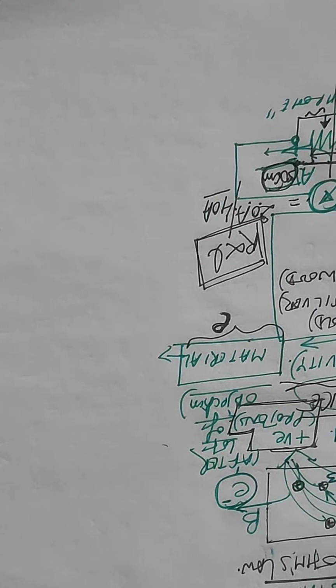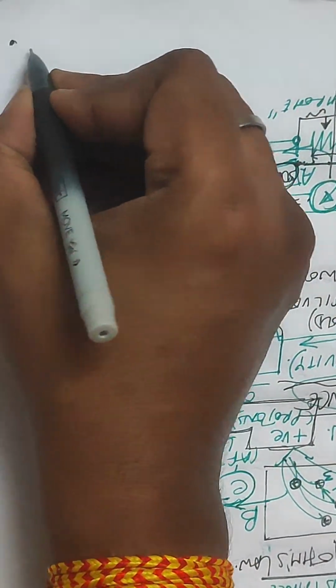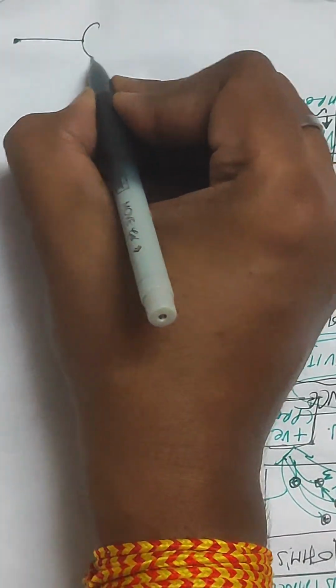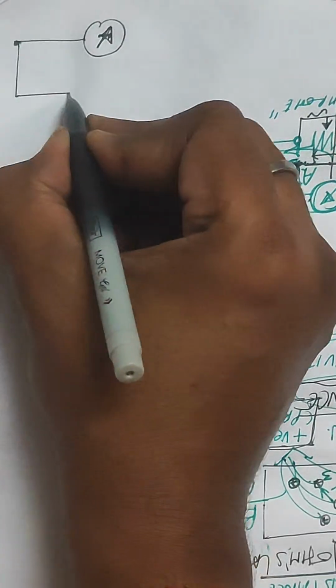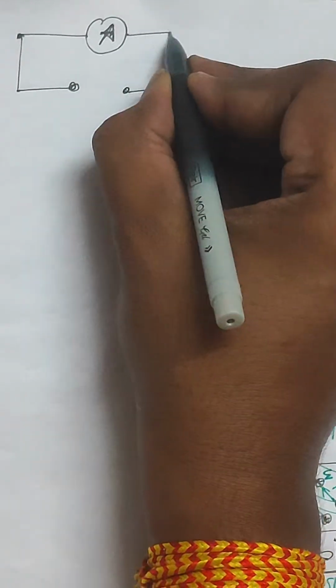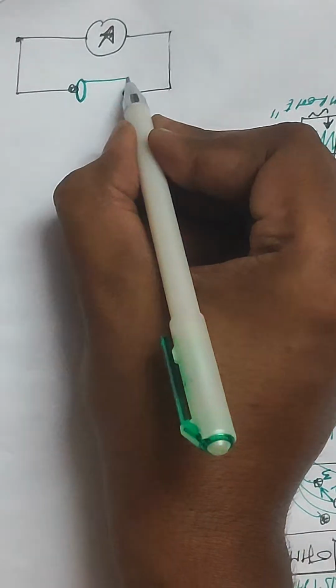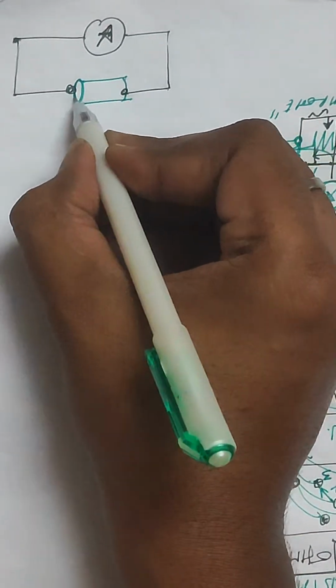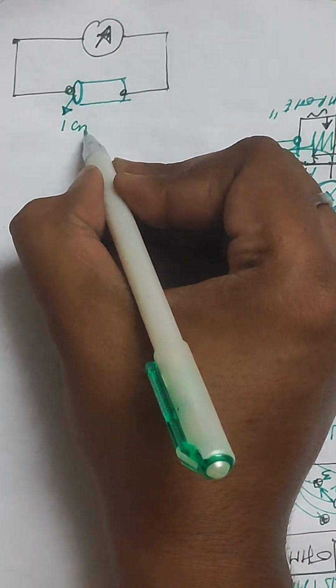After that, another experiment was performed. In this experiment, the same ammeter was fixed into the circuit, and an electrical wire is placed, but here let's say the cross section of the wire is 1 centimeter.